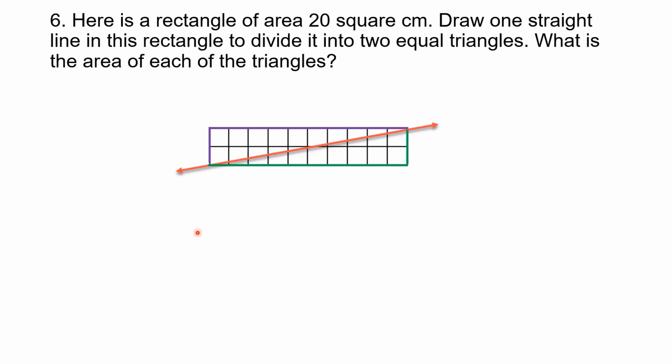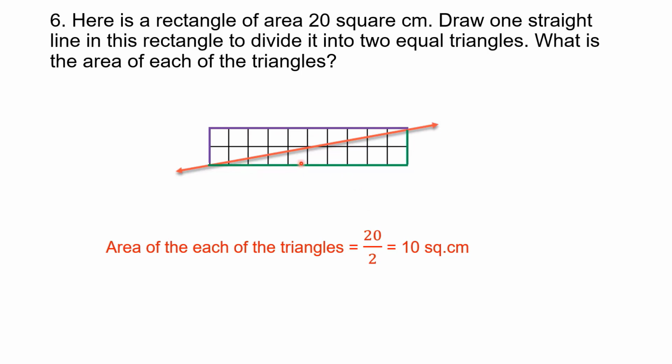We know that the area of this full rectangle is 20 square centimeters. Now it is divided into 2 equal triangles. Then area of each of the triangles is 20 divided by 2. 20 is the area of the whole rectangle.